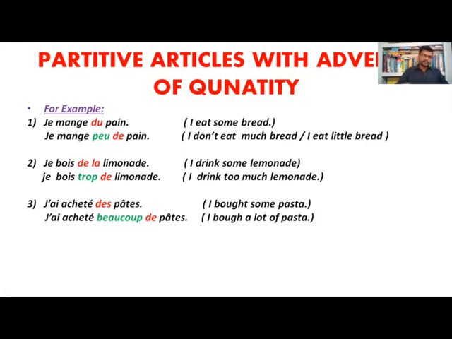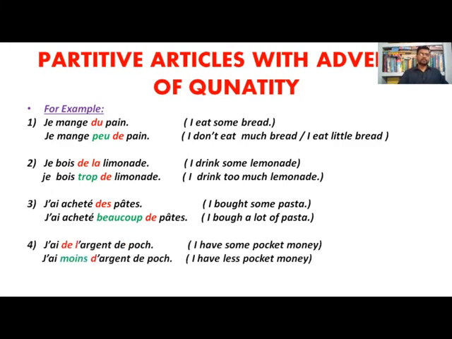You can also translate like this: I have bought some pasta, or I've bought a lot of pasta. So you will also say like this: j'ai acheté beaucoup de pâtes. Pâtes is also with the s. It's also a plural uncountable noun. Beaucoup. So you are using the measurement here. The word, adverb of quantity, you are using here.